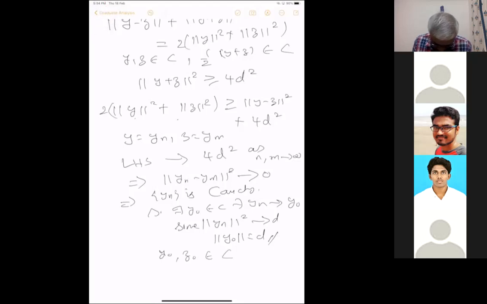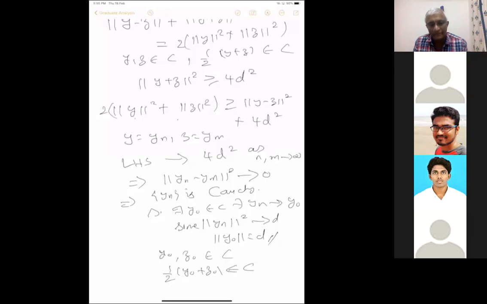The only thing you have is that half of y naught plus z naught is also in C. So whether it is unique, I'm not sure. Yeah, it should be unique.